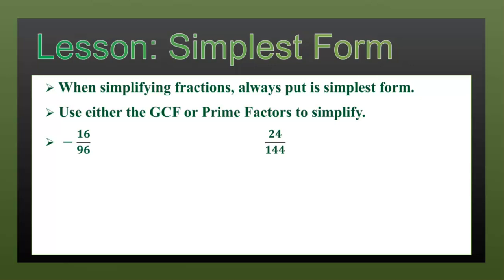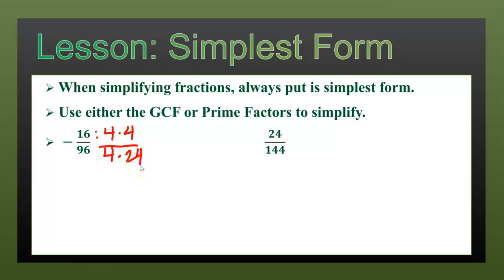Next, we're writing the fractions in simplest form using the greatest common factor, or you can use prime factors to simplify. So here, if I were to rewrite 16, I know this is 4 times 4, and I know 96 would be 4 times 96 divided by 4, that would give us 24.